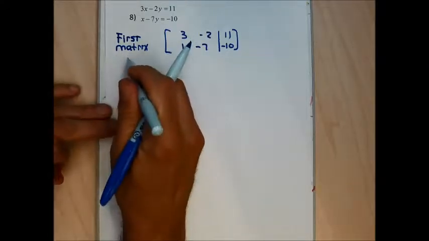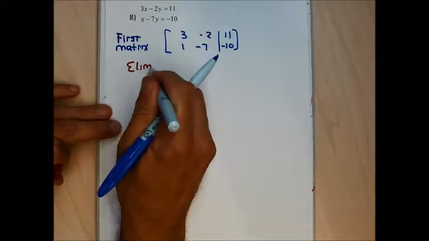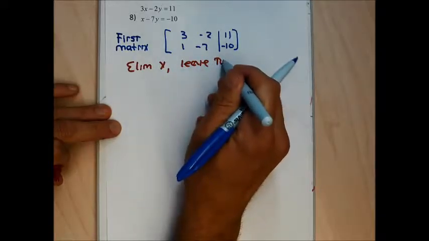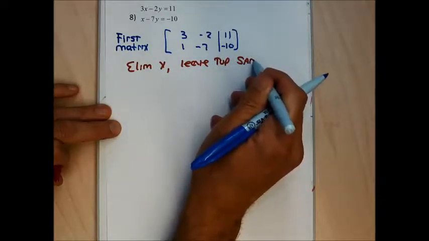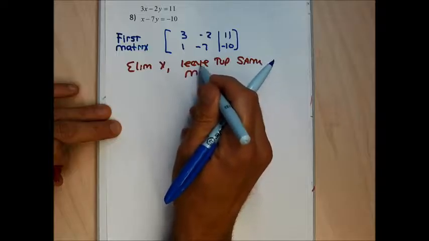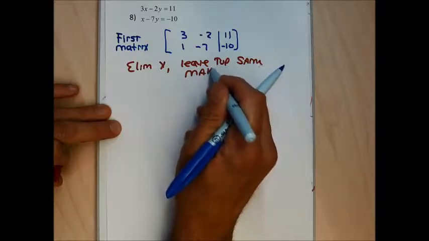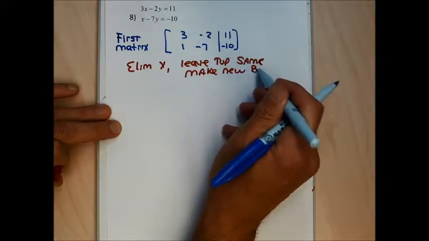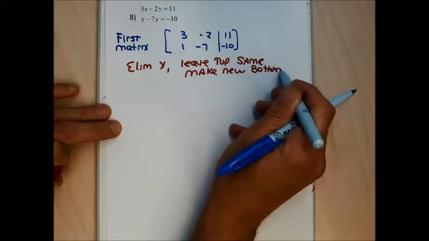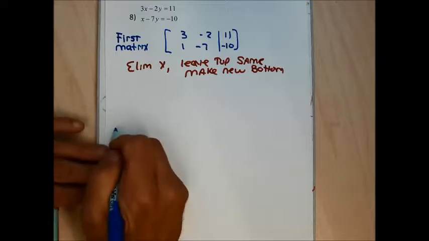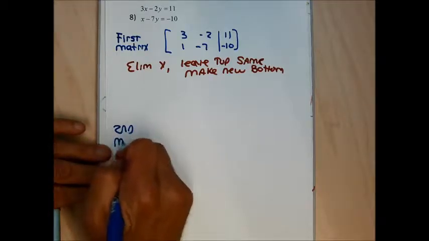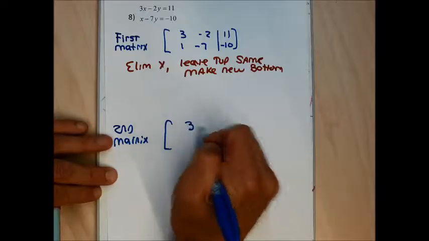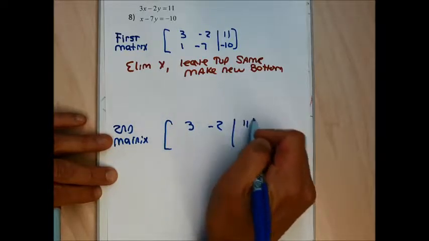First step, eliminate the x, leave top the same, make a new bottom. So for my second matrix, the top row is going to remain 3, -2, and 11.